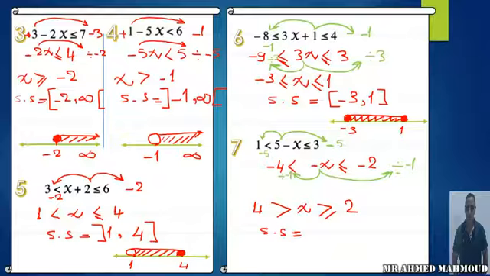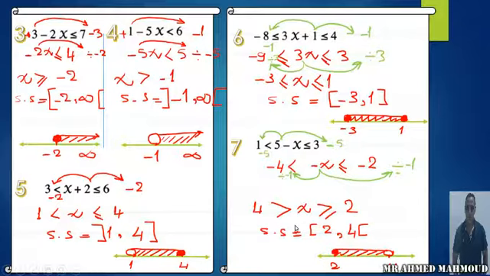The smaller one is 2, then 2 is closed and 4 opened. Now I'm going to represent on the number line 2 and 4. 2 here is closed and 4 is opened. I will connect them to represent it on the number line.